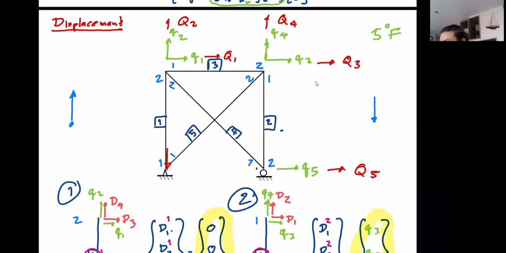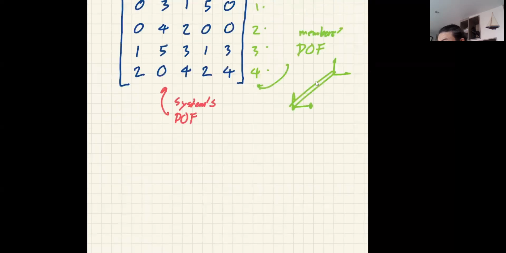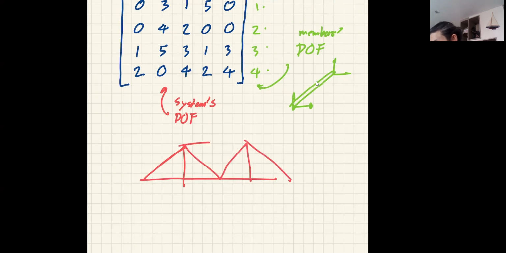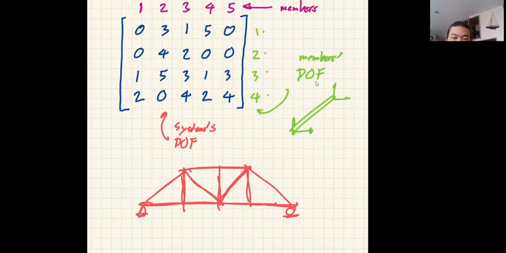So I can give you a complicated structure like this, for example. Say, whatever that is. Now, if you have a structure like this, the row of this matrix will always be 4, because each member can only have 4 degrees of freedom.